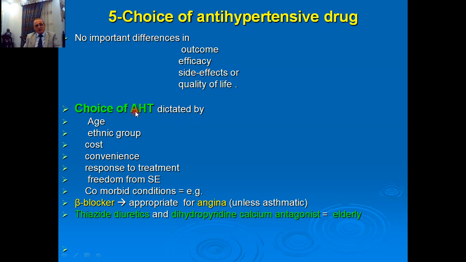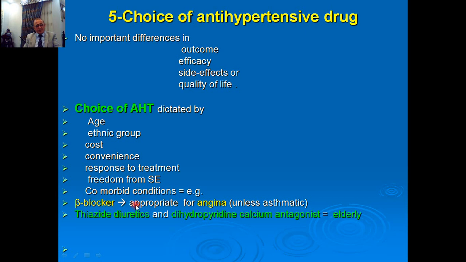And the choice of antihypertensive therapy is dictated by the age of the patient. For example, the older the patient, then you give calcium channel blockers. Ethnic group is not here. The cost is important. Convenience. A diuretic cannot be given to every person. Response to treatment. Freedom from side effects. Comorbid condition. This is the most important. I will talk about it in a minute.